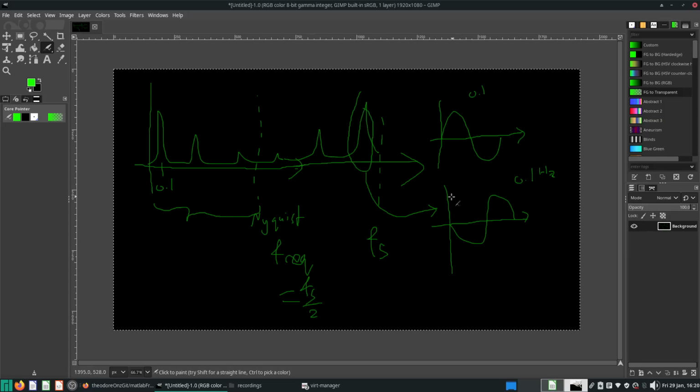So the right side of the Fourier transform plot describes this phenomenon. You can think of it as a negative frequency.